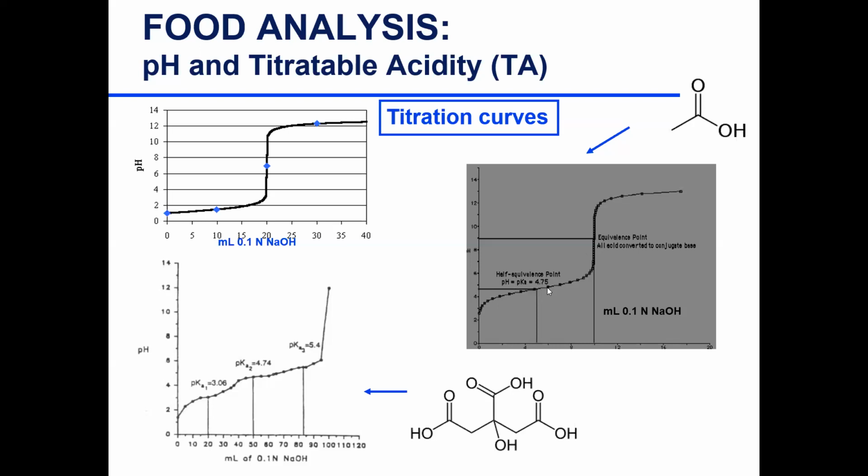Beyond the 4.75, you start seeing a gradual incline until all of your non-dissociated acids give up their hydrogen, and we see a steep increase in pH, and we usually get the midpoint of the pH close to 8, 8.2.